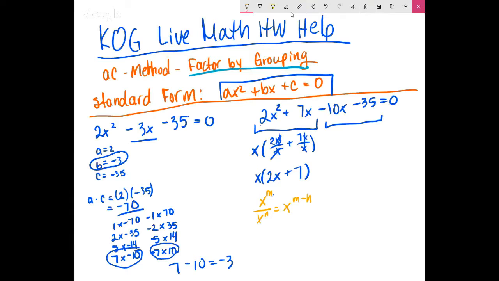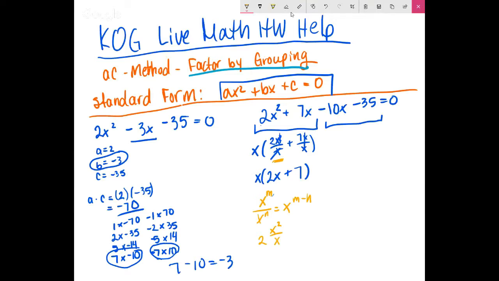So for 2x squared over x, we can write this 2 here, and we can just write the fraction with the variables. X squared over x.